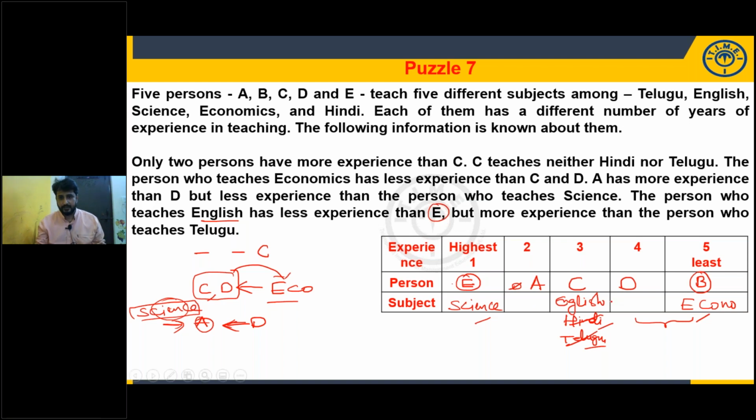Next, English has less experience than E, but more experience than the one who teaches Telugu. So English has to be before Telugu. So Telugu will be here. Remaining Hindi will be here. That's it.